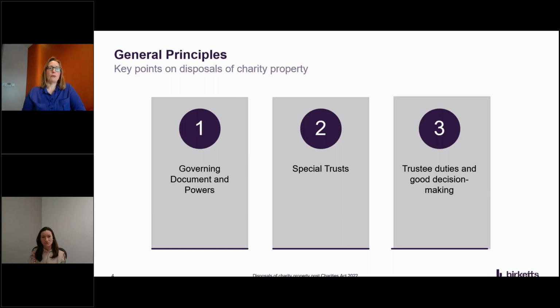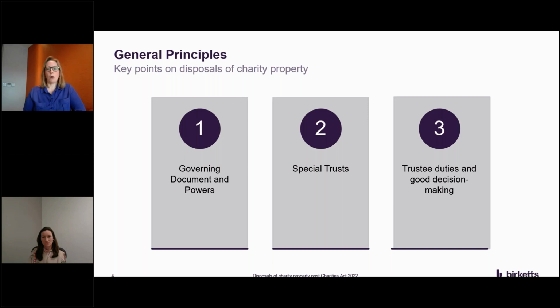So that may be property which is part of the original endowment of the charity. It may have been donated specifically for the operation of that charity. So here we may be looking at schools, almshouses, recreation land, that sort of thing.